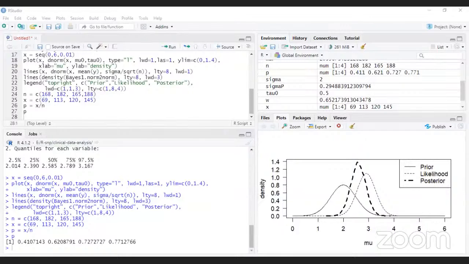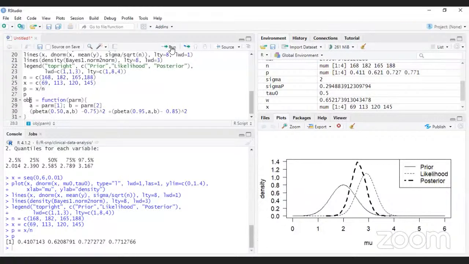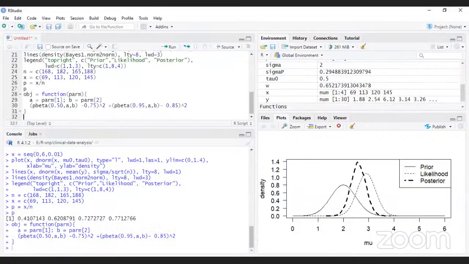So call the objective function. Now you have to call the optim to search the root with initial values at 3,3.